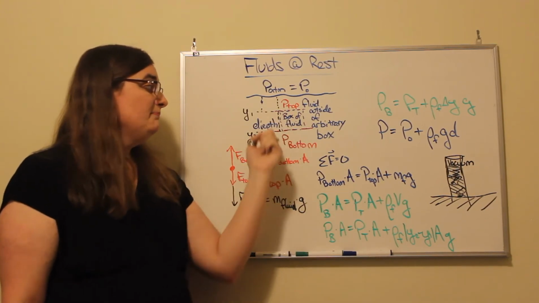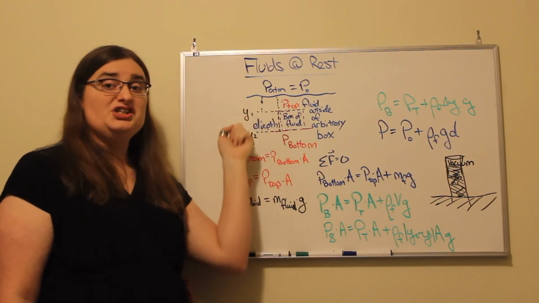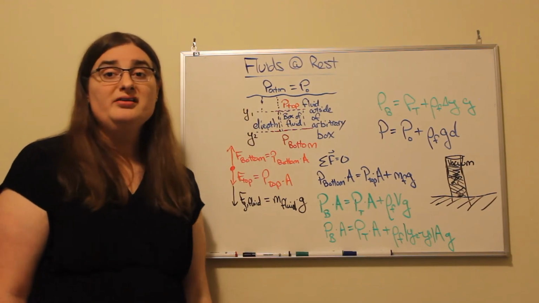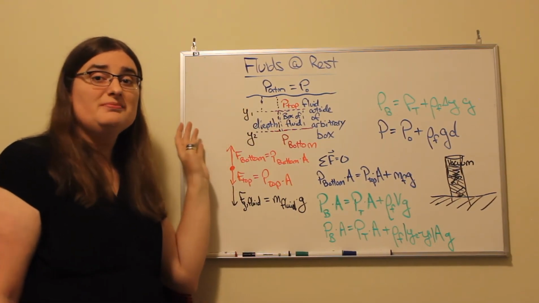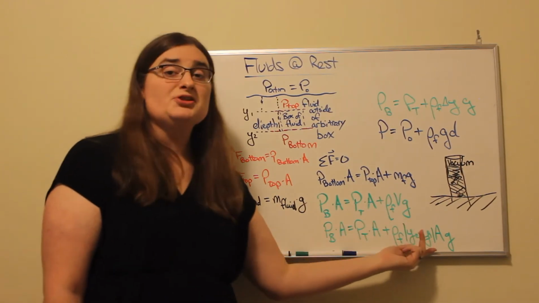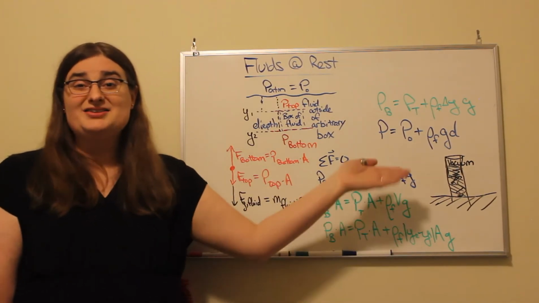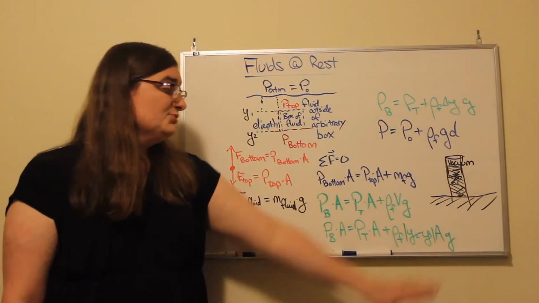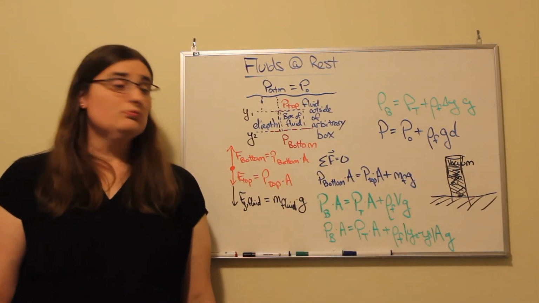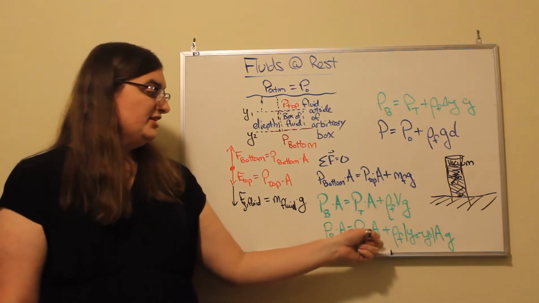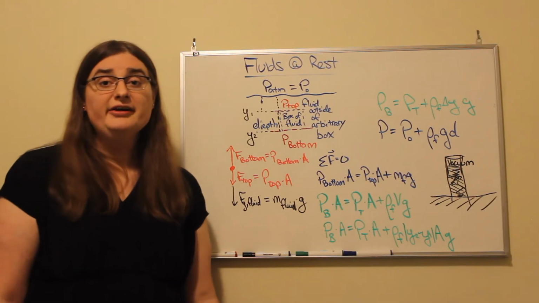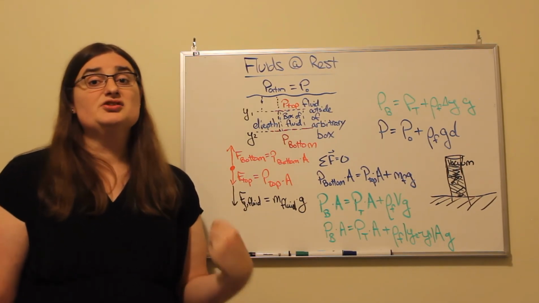So the volume of my box, if I have some change in height, y1 minus y2 or y2 minus y1, depending on how you want to think about those numbers, I'll just throw in an absolute value here just to say the magnitude of that change in position. Well, my height times my area gives me my volume. Pressure times area, a whole bunch of other stuff times area, the area cancels out.